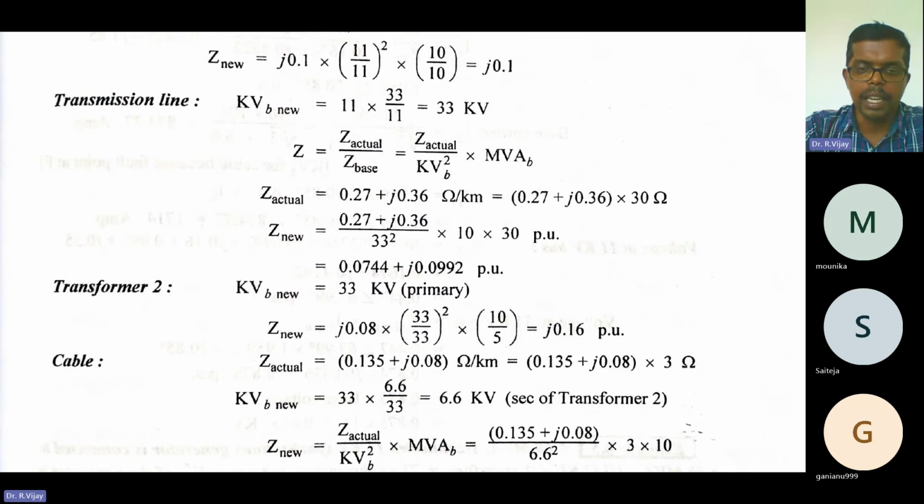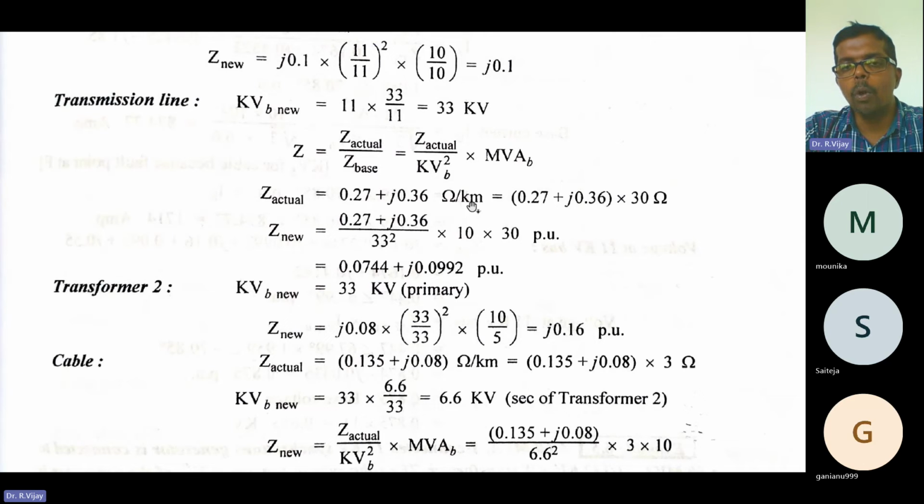Already we have seen how Z new should be calculated for your transmission line. The formula we have seen in our previous classes. So what is Z actual? Z actual is given in the problem itself, that is 0.27 plus j into 0.36 ohm per kilometer.